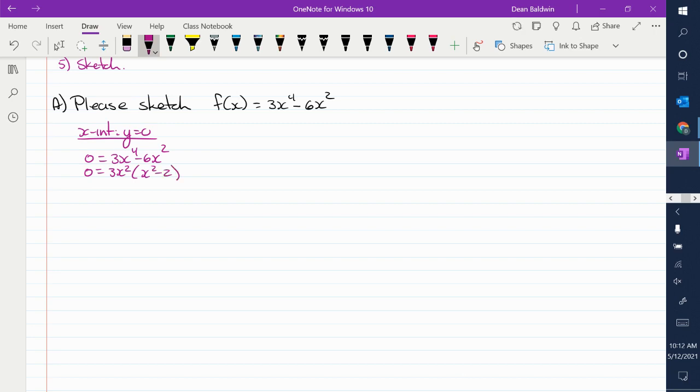So what are my x-intercepts? 0 for this one, and this is plus minus root 2. For those of you that like decimals, root 2 is 1.41, a bunch of other stuff. All right. You got a mark. Congratulations. Did the X-intercepts.